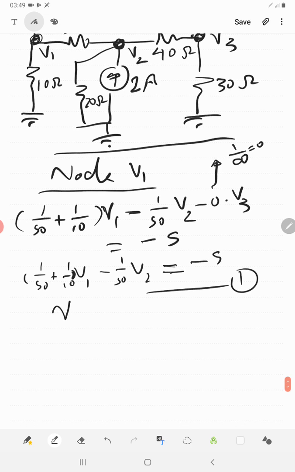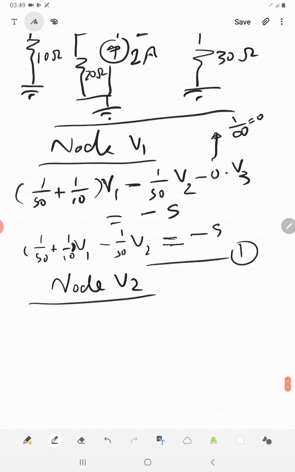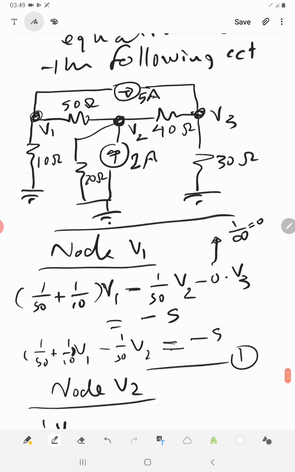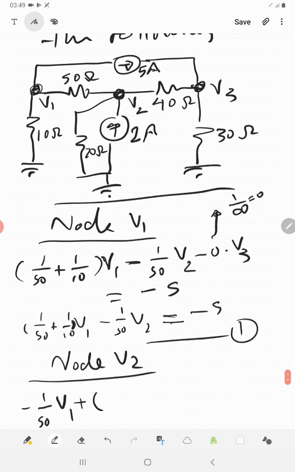Our node V2. Node V2 is connected to node V1 through the 50 ohms resistor. So let's say minus 1 over 50 V1, right? And then we say plus, how many resistors we have?